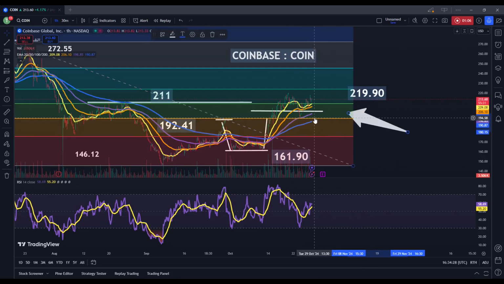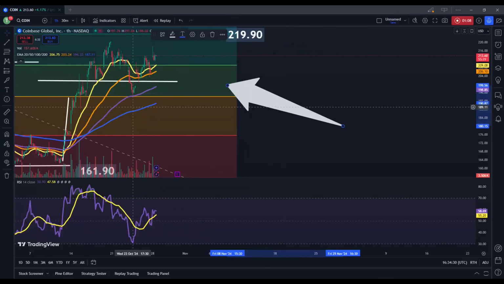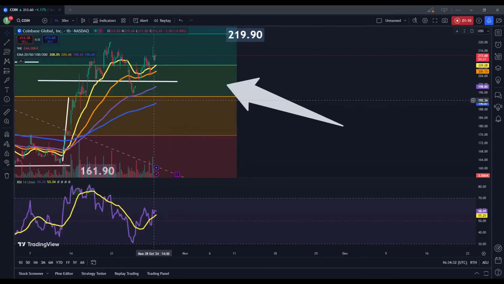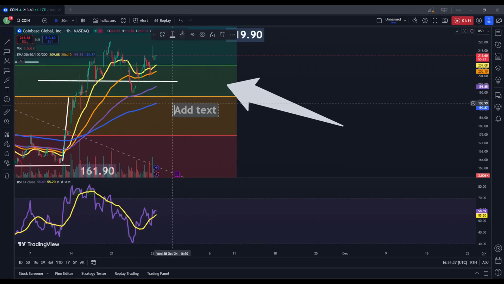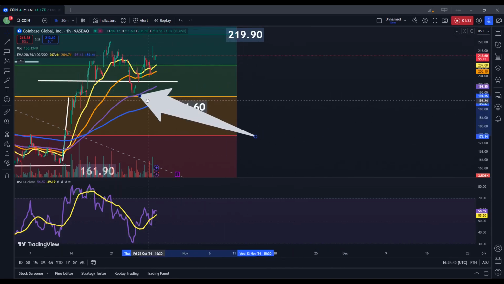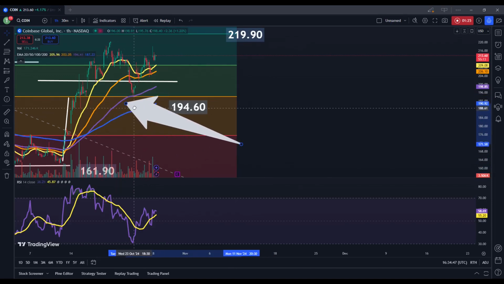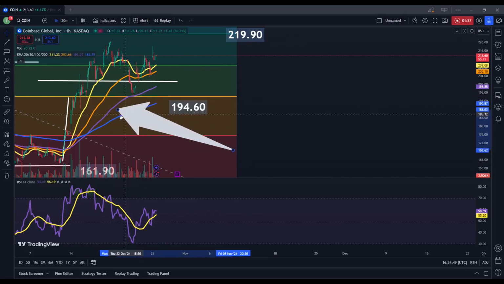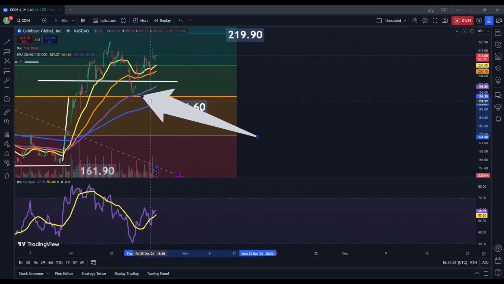So at the moment, what we can see is that the most recent support zone has now moved up to 194.60. So this is essentially this area here, and what this marks is the 100-hour exponential moving average, which is this purple line here.